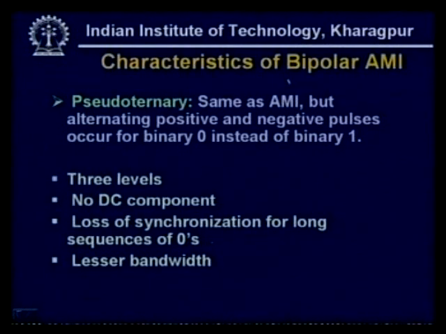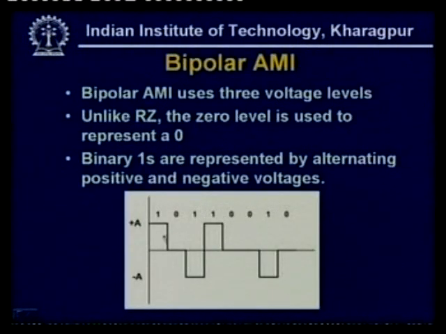Somewhat similar to bipolar AMI, we have pseudo ternary. It is the same as AMI, but alternating positive and negative pulses occur for binary 0 instead of binary 1. In the previous case, we have seen that alternating voltages are taking place for 1. In case of pseudo ternary, if we replace the ones by zeros and zeros by ones, it will be pseudo ternary.